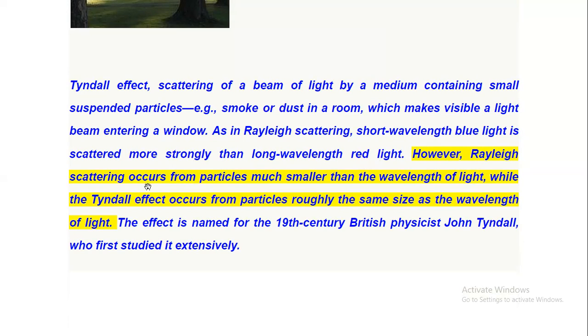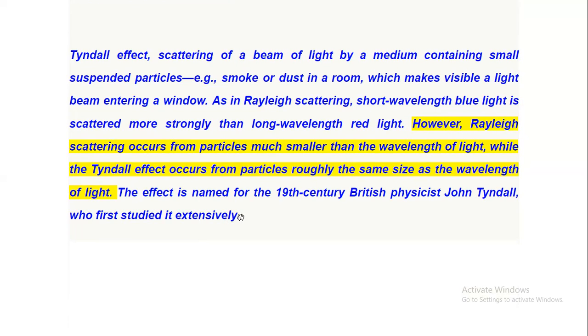However, Rayleigh scattering occurs from particles much smaller than the wavelength of light, while the Tyndall effect occurs from particles roughly the same size as the wavelength of light. This may again be a part of your MCQ, remember.